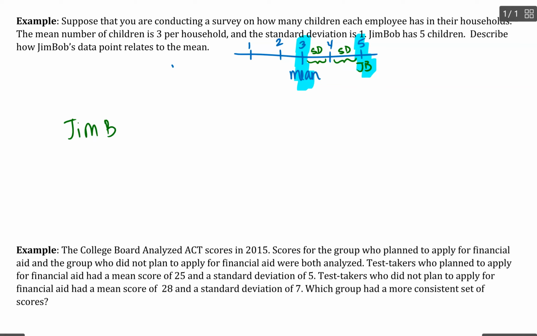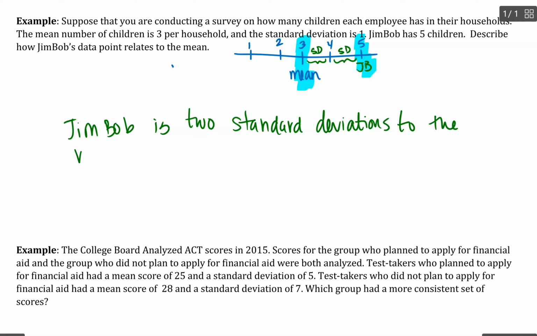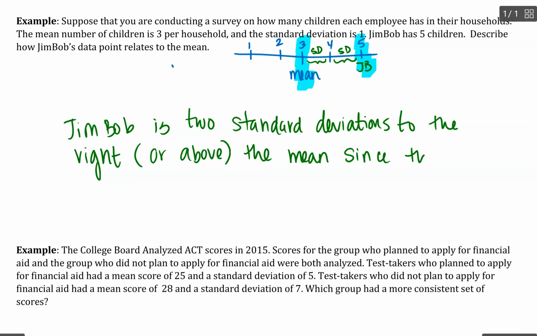So we can say that Jim Bob is 2 standard deviations to the right, or since we're talking about being larger, we could say or above the mean, since the mean is 3 and the standard deviation is 1. So kind of just describing how we got that and why it's true.